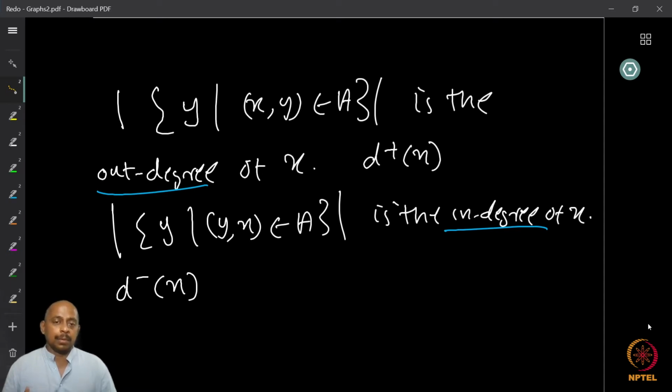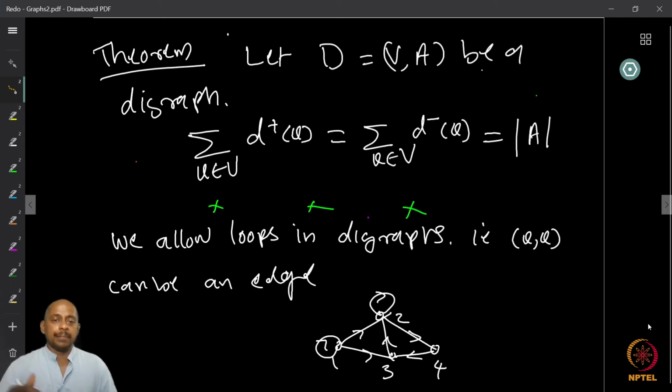Now, if you think about this, one can see that if I have an arc from any vertex, let's say x to y, then of course it contributes 1 to the out degree of x and 1 to the in degree of y, right? So therefore, the following theorem is immediate: if you look at D = (V, A) as a digraph, then the sum over all the vertices of d plus of v, the out degrees, is equal to the sum over all the vertices of the in degrees.